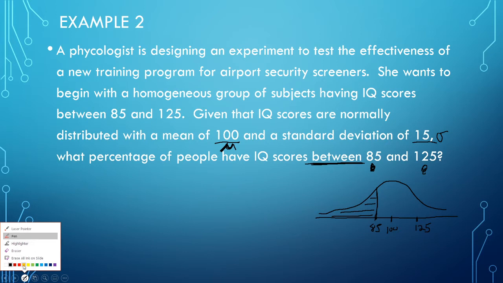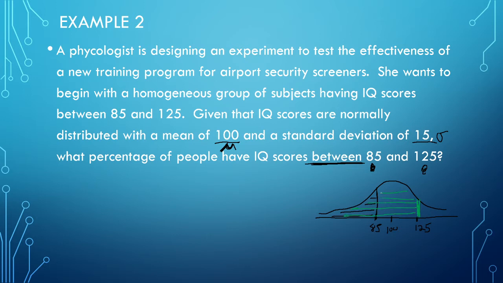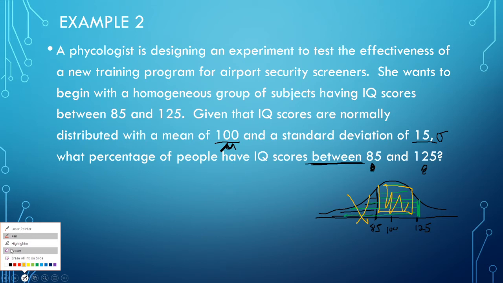And when I do the same for 125, I get the probability of picking something less than or equal to 125. But I want the probability of it being between. So I'm going to subtract the 85 probability from the 125 probability, and that gives me the probability that's between the two. If I subtract this off, I'm left with what's between them. So that's the idea with between problems: you get the probability for both, and then you subtract them.